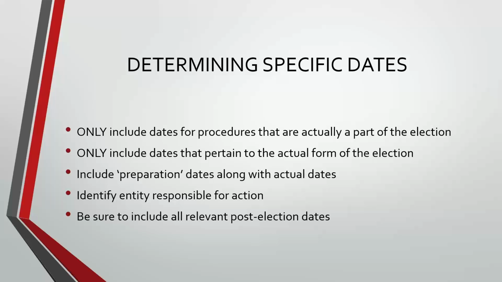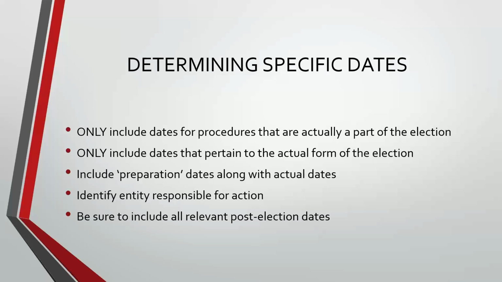Okay, and again, only include dates that pertain to the form of the election. Here's another example. The nomination petition circulation timeframes are 91 days before the day of the election is when you start, and you end 71 days before the day of the election. And that's true regardless of the election you're holding.